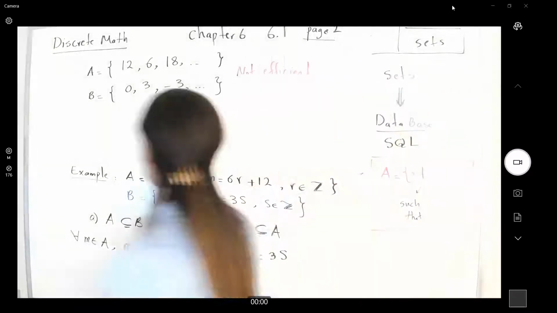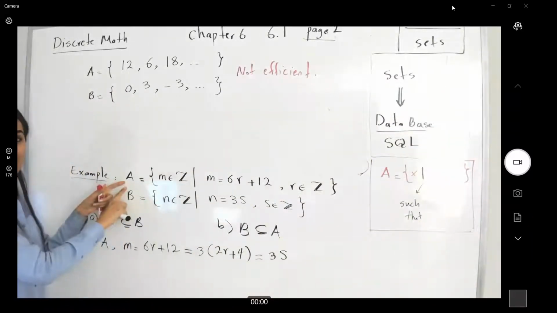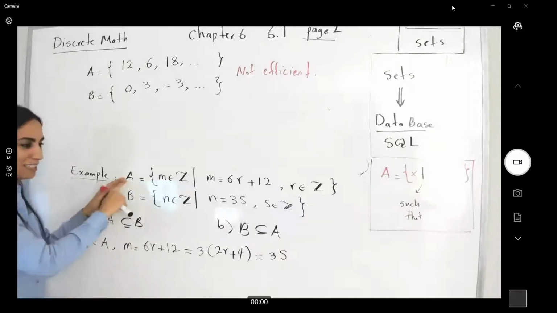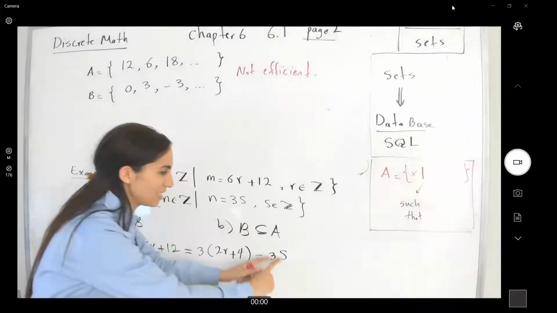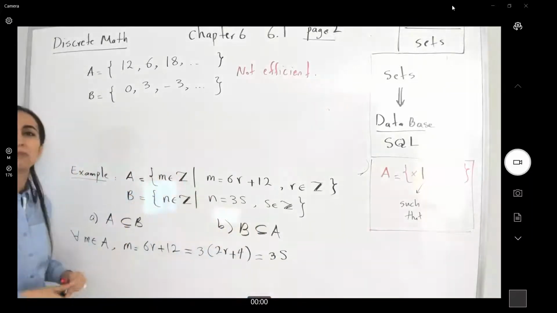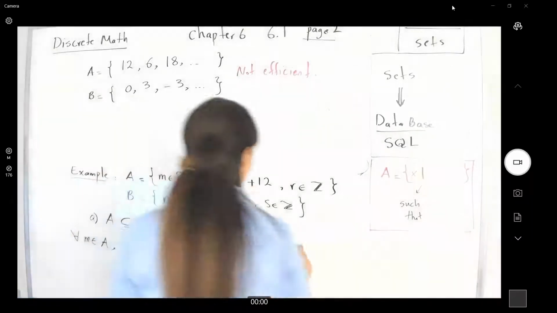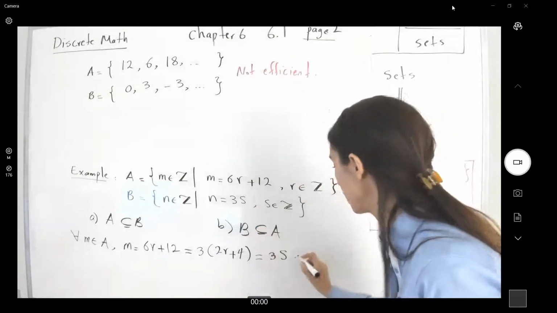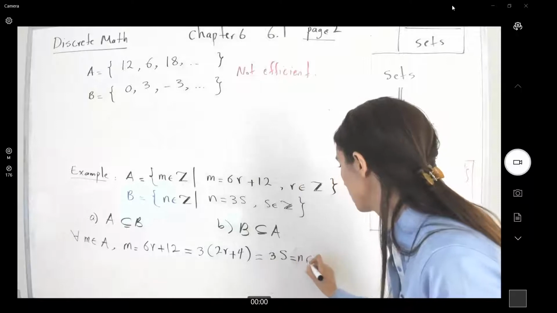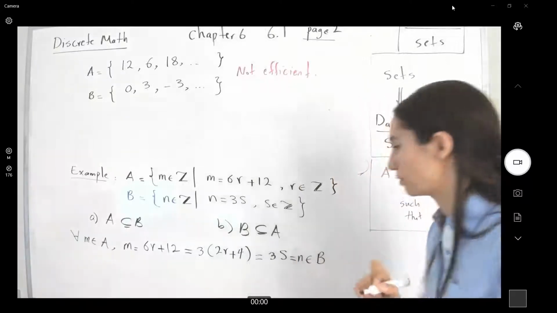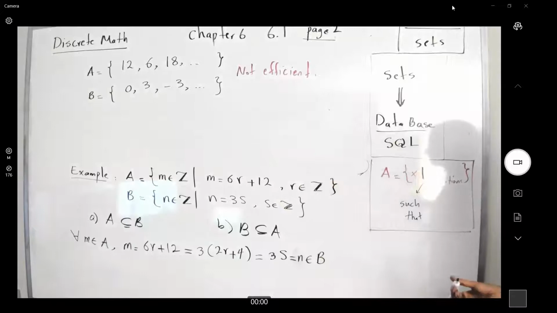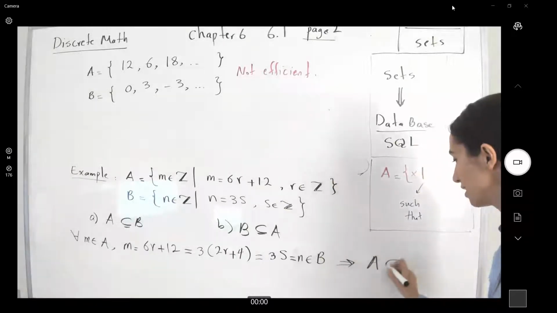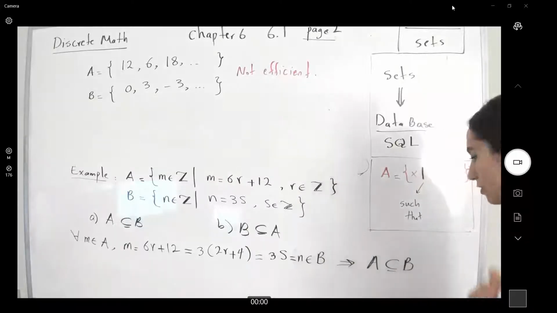So any random element in A can be written as a random element in B. This n belongs to B. So what's the meaning of that? It means that A is a subset of B.